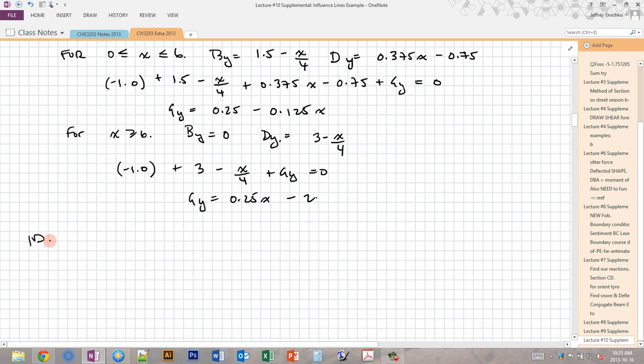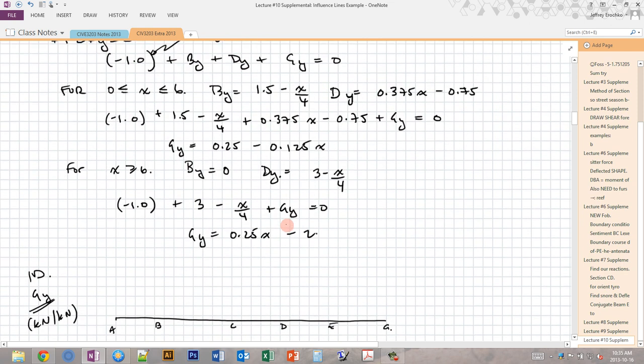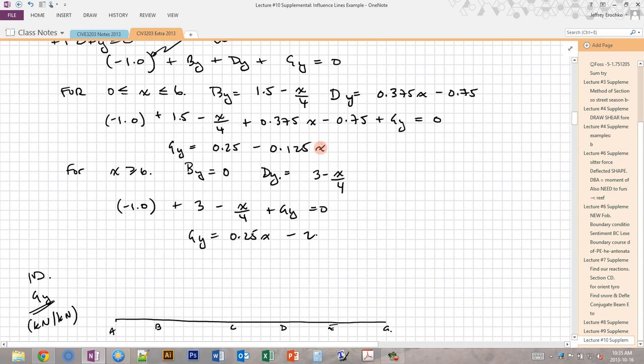So I can go ahead and draw my influence diagram for gy. This is kilonewtons per kilonewton. Okay, A, B, C, D, E, G. So at 0, we sub 0 into the first equation here, so we get plus 0.25.